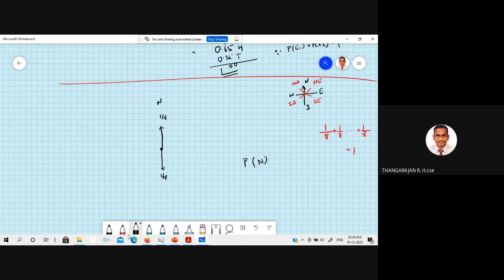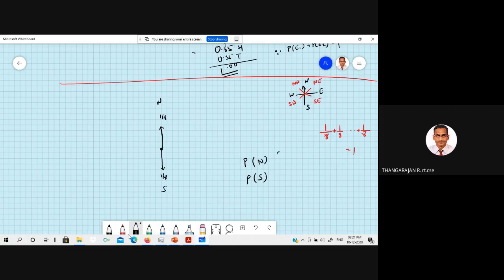But these two events, moving towards north and moving towards south, cannot occur simultaneously. That you have to keep in mind. A single ant cannot move in both directions. It can either move north or move south.